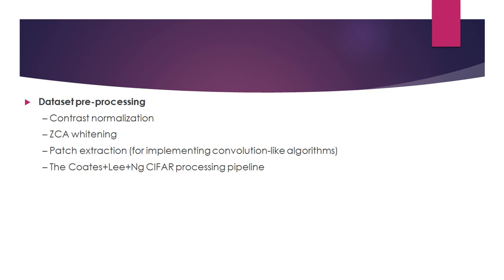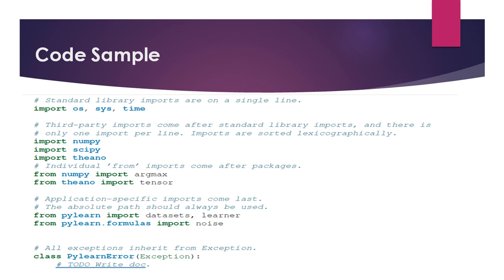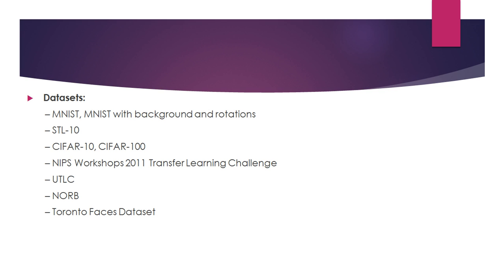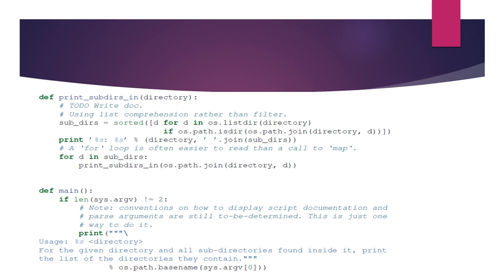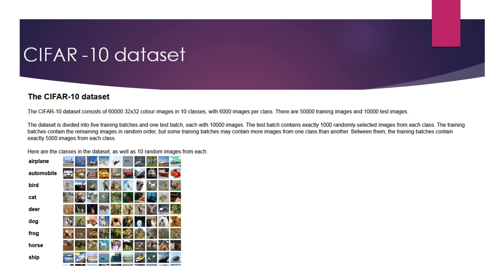The CIFAR dataset contains 60,000 32 by 32 color images in 10 classes: airplane, automobile, bird, cat, deer, dog, frog, horse, and ship.